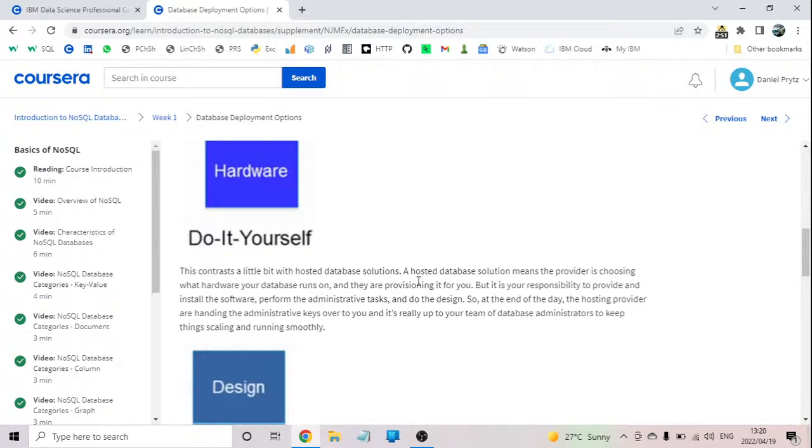Is there anything I am missing? To provide and install the software for hosted deployment, we must provide the software.